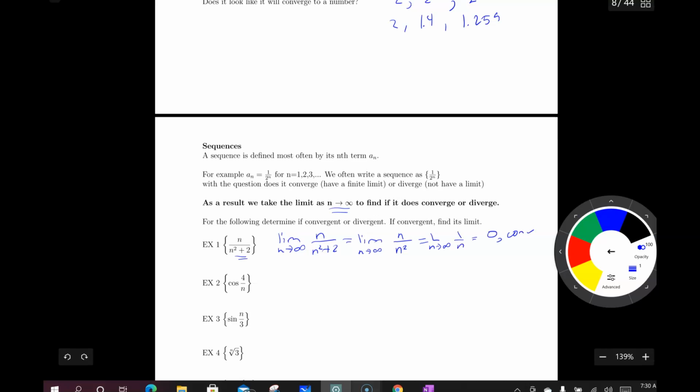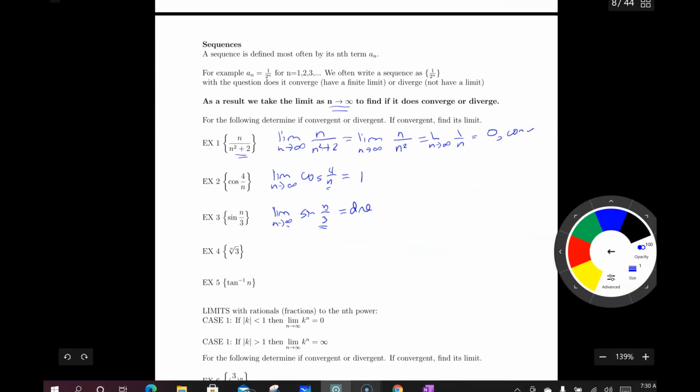Since I get a limit, that means it converges. This one here, I'm going to take the limit as n goes to infinity of cosine of 4 over n. Putting in infinity, I get 0. Cosine of 0 is 1. If I take the limit as n goes to infinity of sine of n over 3, this is infinity divided by 3, which is infinity. Sine of infinity has no limit, so it does not exist.